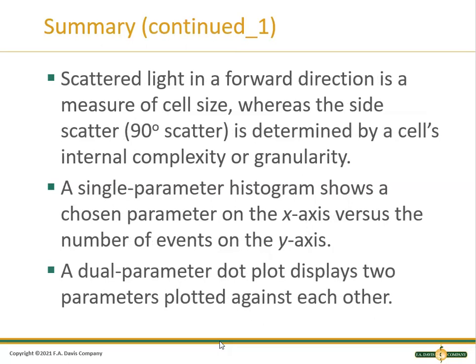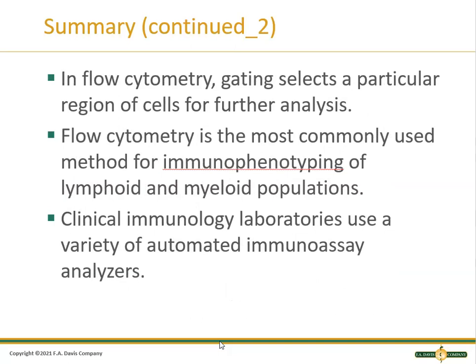There's a side scatter, which is 90 degrees, which tells about the granules, the complexity inside of the cell. And then they plot it on a graph, X and Y axis. You can get single parameter or dual parameter, so you can look at multiple things. In flow cytometry, we sort of put a fence around it. We gate it. That's the term we use, gating.